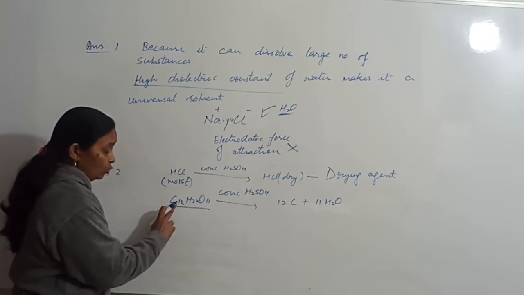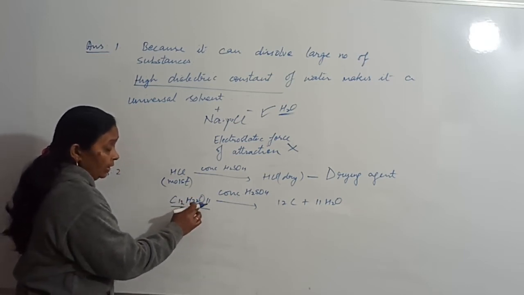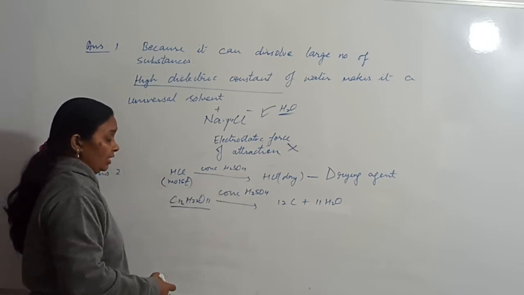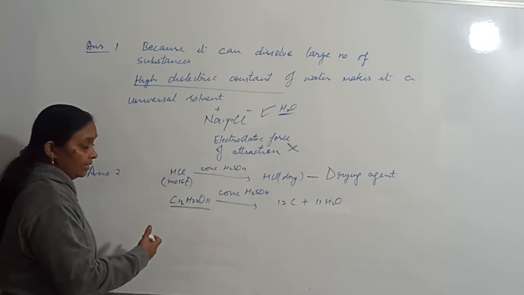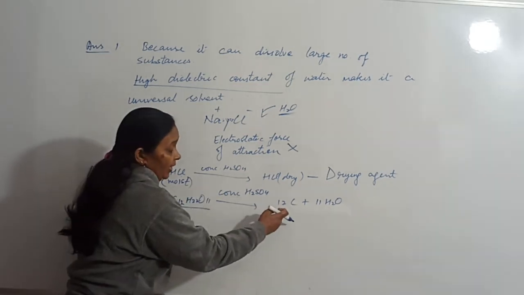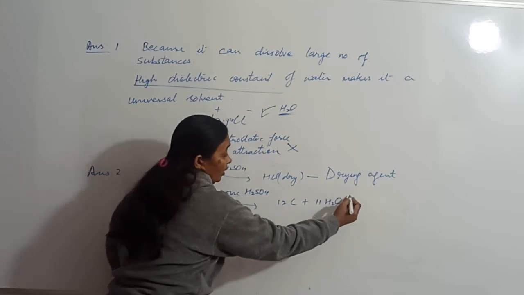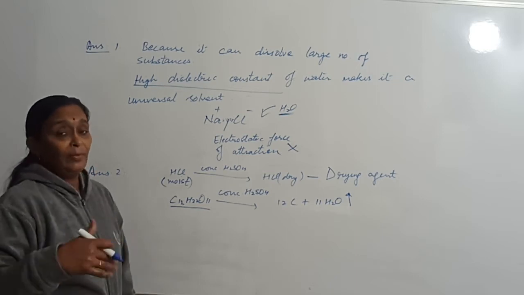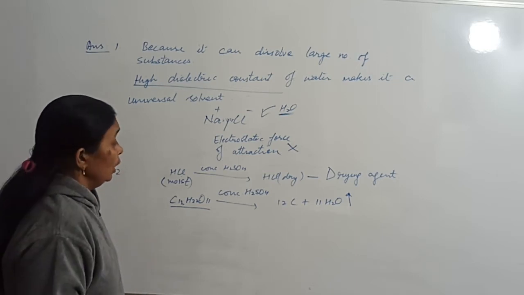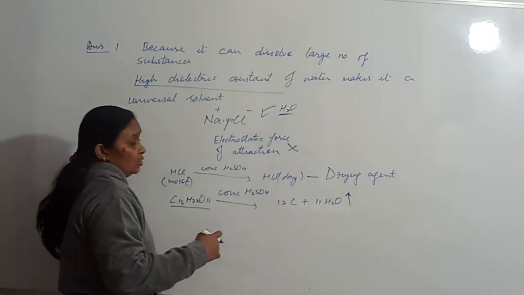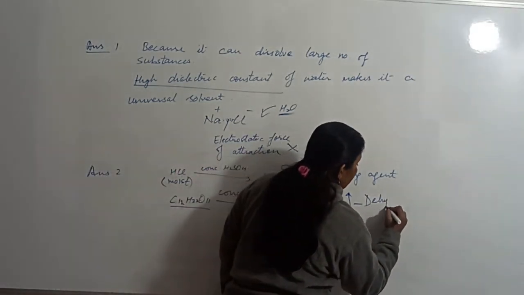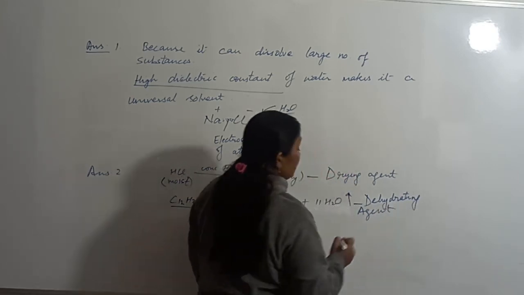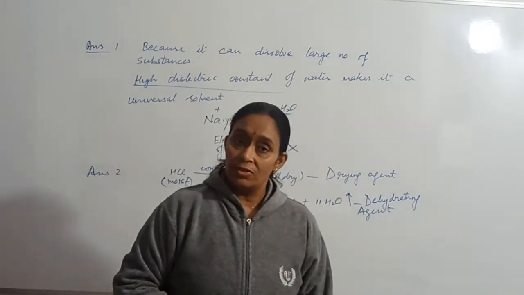So here you can see C12H22O11, hydrogen and oxygen, the elements of water, are present, and when you add concentrated H2SO4, carbon is separated and the elements of water form water vapor and are released. That means whatever chemically combined water was there is removed as water vapor. So here concentrated H2SO4 has a different role, known as a dehydrating agent. So at two places, different roles are played by concentrated H2SO4.